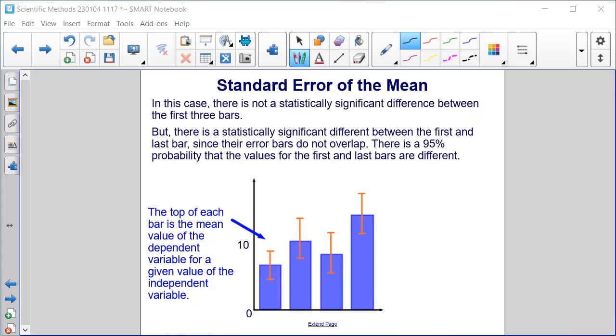In this case, there's not a statistically significant difference between the first 3 bars. But there is a statistically significant difference between the first and the last bar, since their error bars do not overlap. There's a 95% probability that the values for the first and last bars are different.